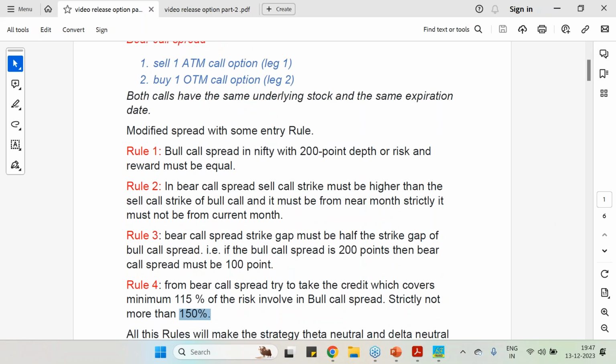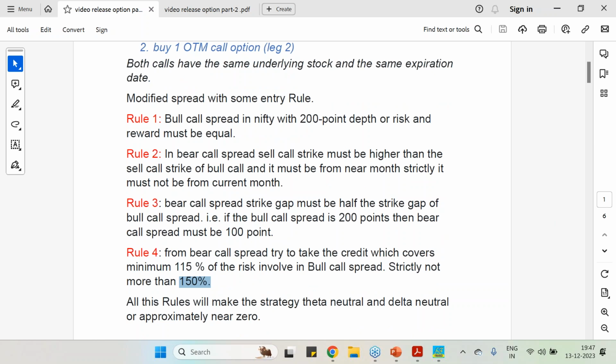If you implement these rules strictly, then without your knowledge you are delta neutral and theta neutral. But if you bend, instead of 150%, if you take 175%, theta neutral is gone. Instead of 115%, if you take 85%, delta neutral is gone.